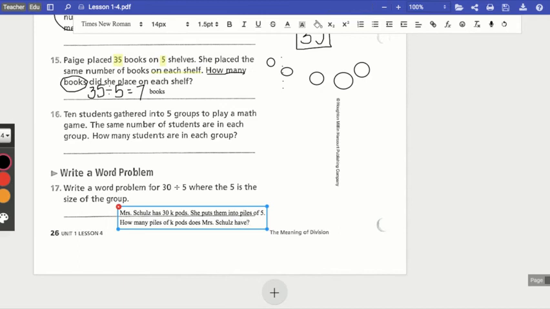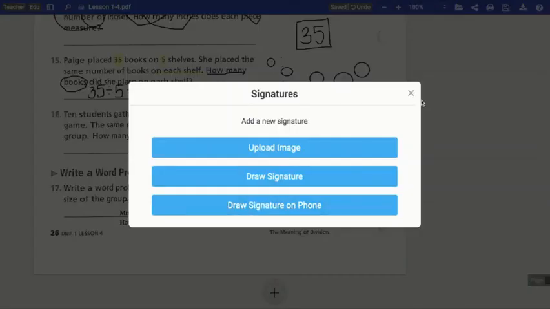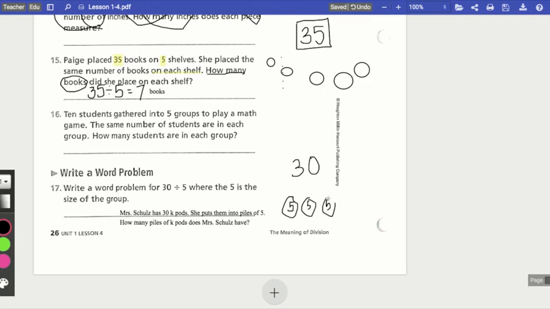So I've got to check for a couple things. First of all, does my problem lend itself to 30 divided by 5? So let me draw it out really quick to make sure. If I started with 30 K-pods and I'm putting them into piles of 5, then that would be like a 5 group. 5, 10, 15, and so on.